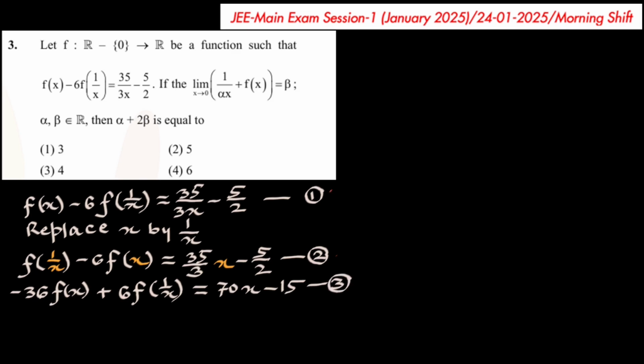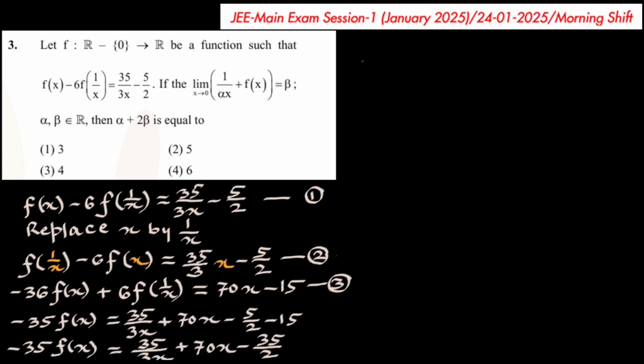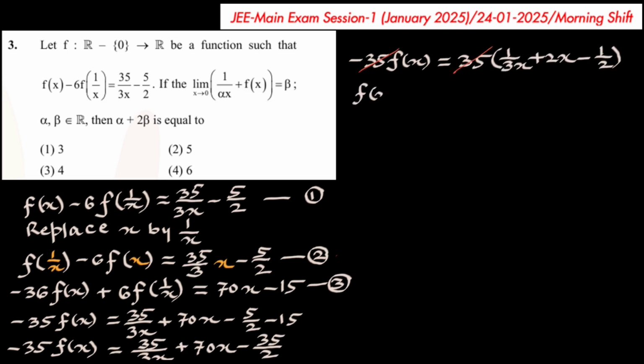Now we will add equation 1 and equation 3. That gives minus 35 f of x equals, further it gives 35 into bracket, which finally gives f of x equals minus 2x minus 1 upon 3x plus 1 upon 2.